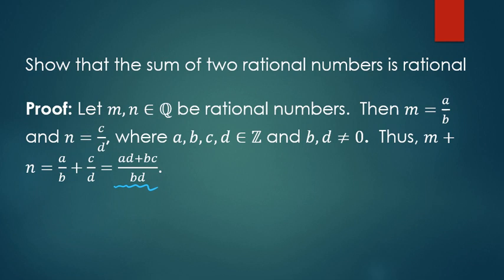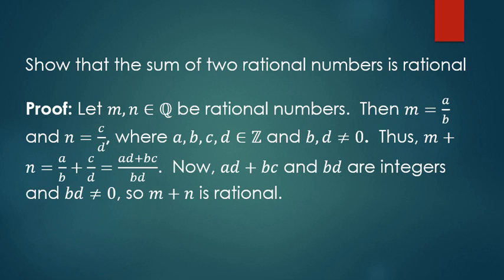Well, we specified earlier on in our proof that b is not zero and d is not zero. So when I take the product of two things that are not zero, you may assume, because it's pretty much common knowledge, that you cannot get zero. There is no way to take the product of two things where each thing is not zero and come up with zero. That's just not possible. So yes, bd is also not zero.